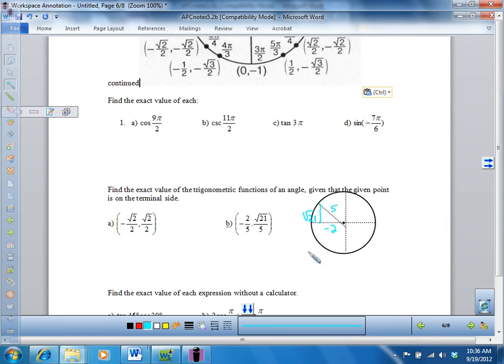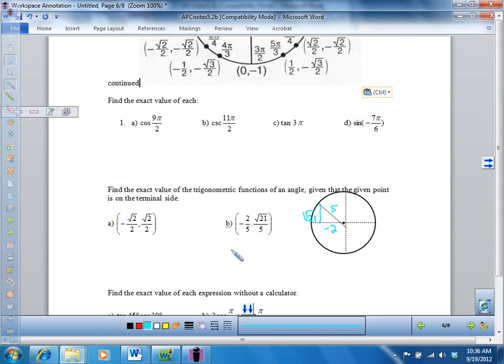So looking at this little circle that I just drew, the reason I drew it this way is because cosine is adjacent over hypotenuse, right? And sine is opposite over hypotenuse. And x is negative here, and you always make the radius positive. Always make the radius positive.